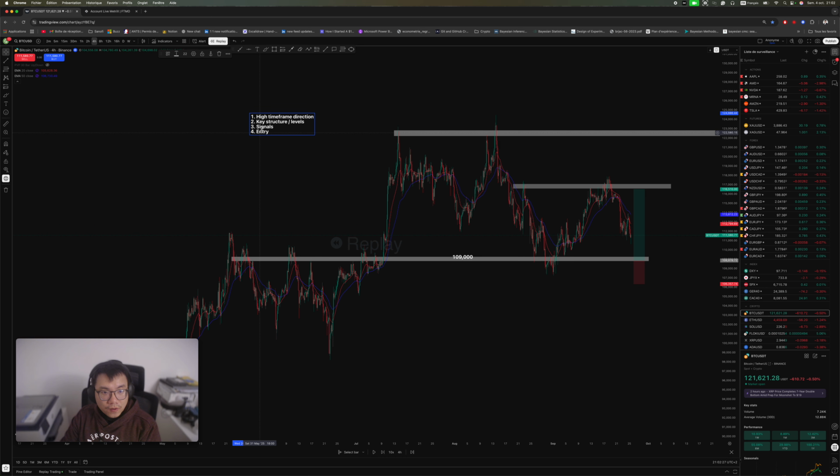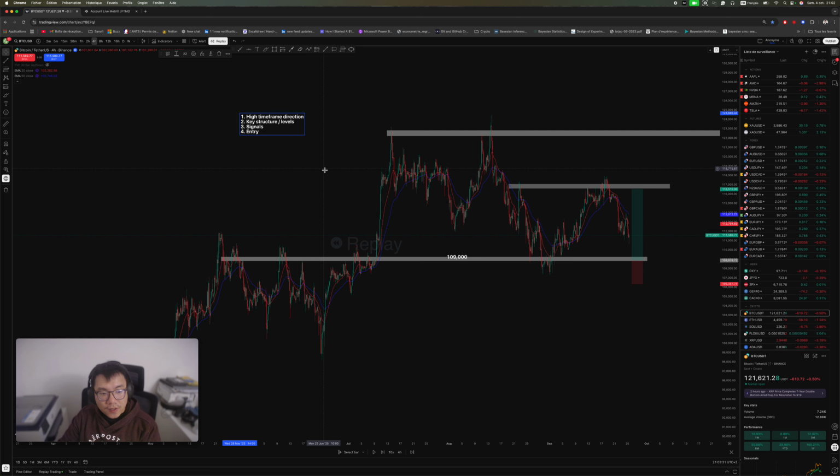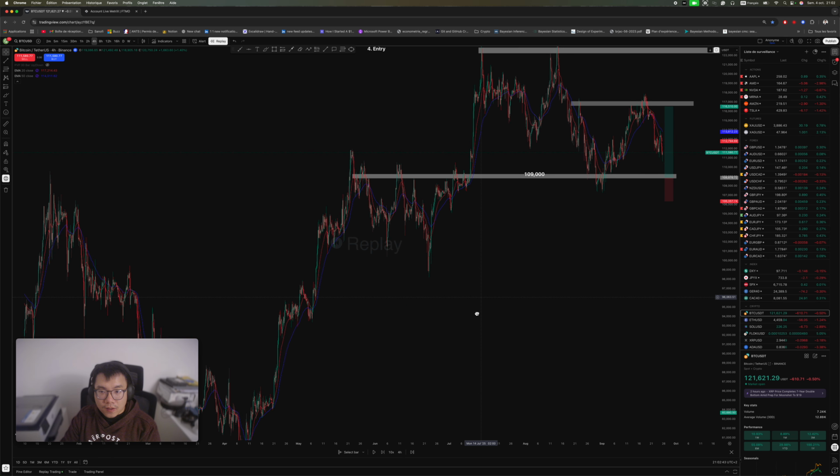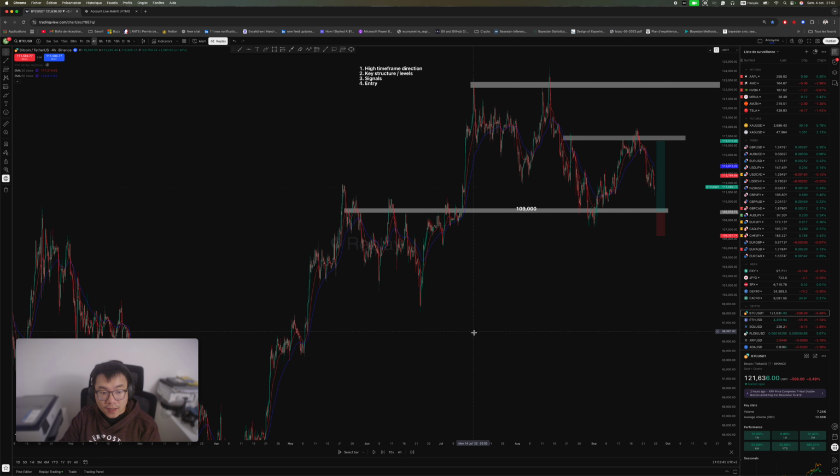If you move down to the third step, which is signal, what are the different signals that support my thesis? For BTC, my thesis is that I want to go long because there are many signals that support this thesis.